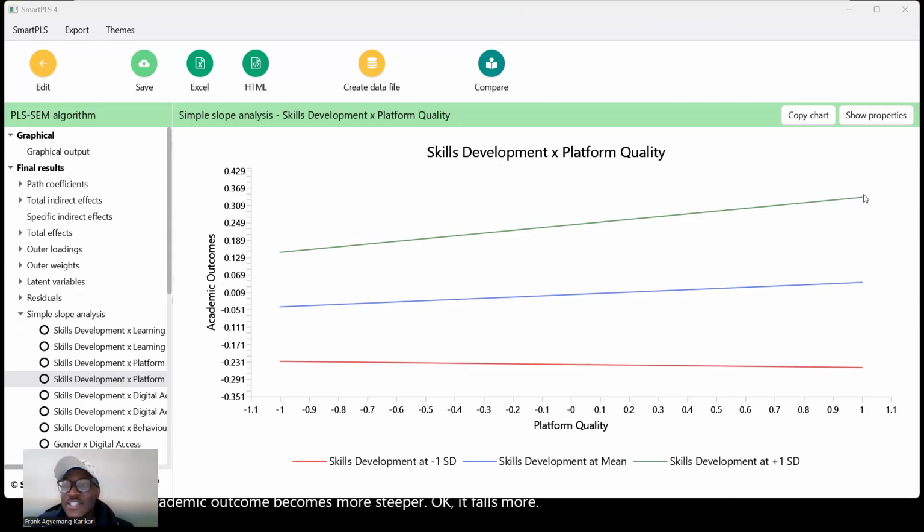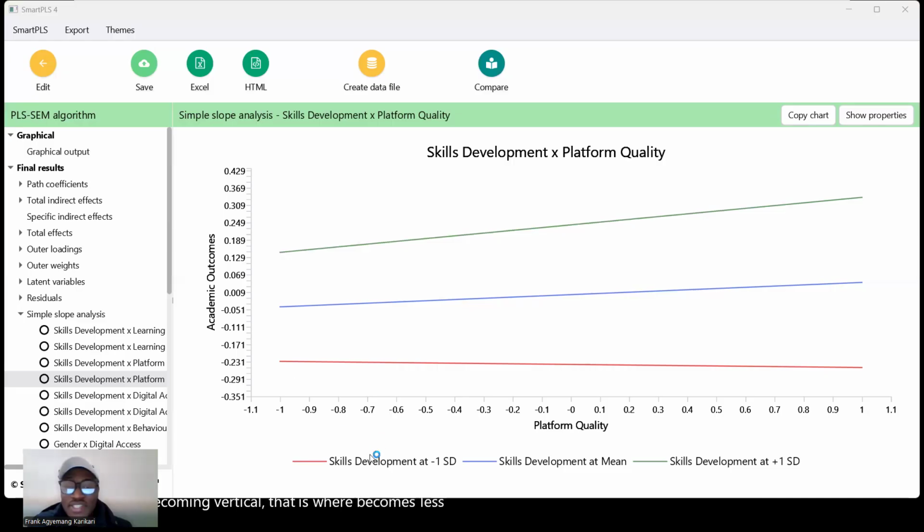And this one tends to become positive at plus one standard deviation. So if it is falling, it is steeper. If it is becoming vertical, that is where it becomes less steep.